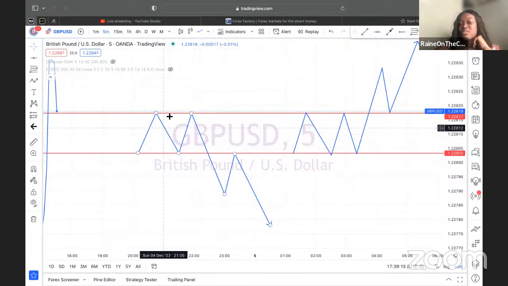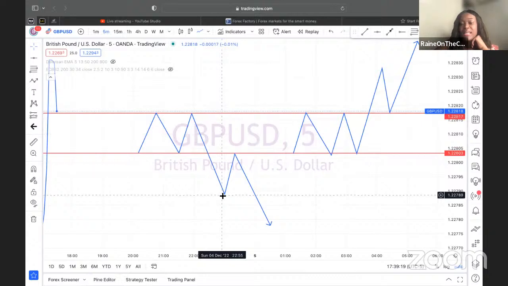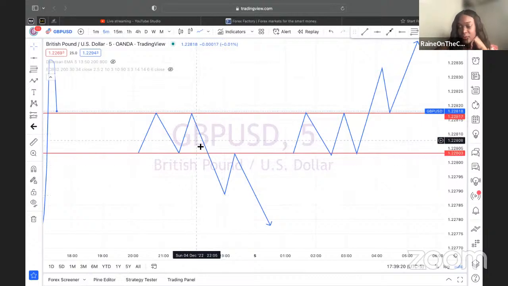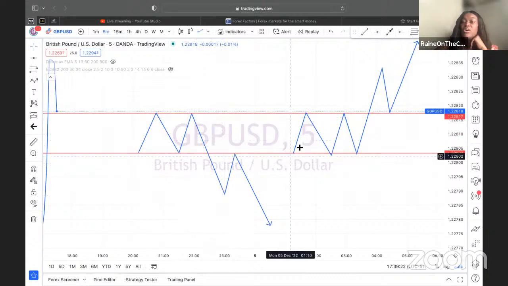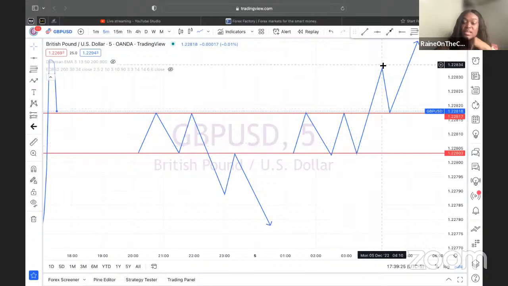So you just have to wait for the breakout, and the breakout can either go to the downside or it can go to the upside. You just have to wait for it. And when it breaks out, that's not the time to enter either. You're waiting for the retest.